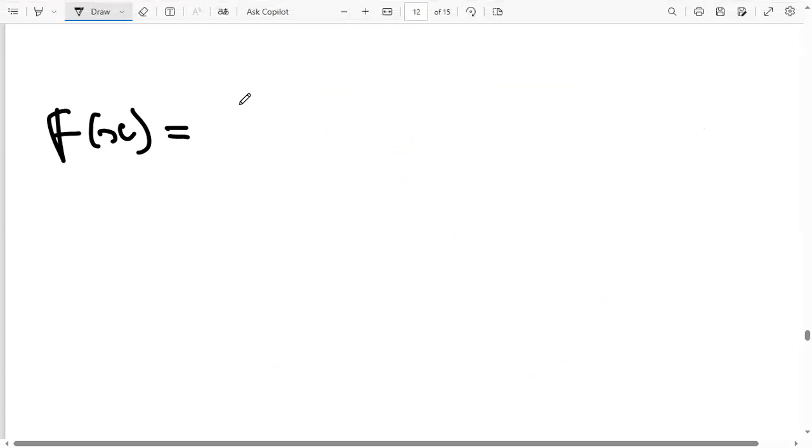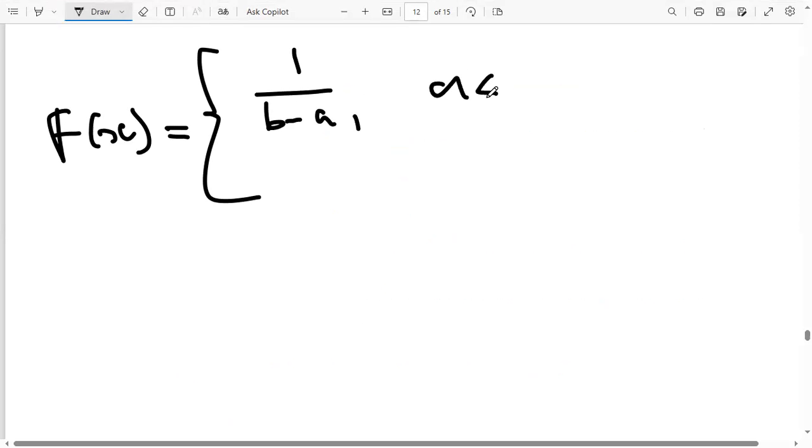So we know that the general formula for the PDF of a uniform distribution is this: it's 1 over B minus A for the range A all the way to B, and then it is 0 elsewhere.